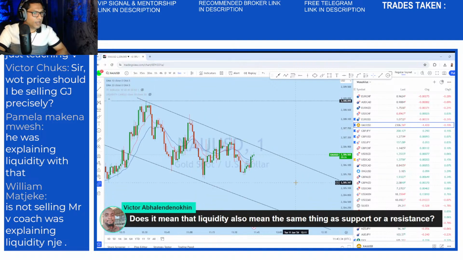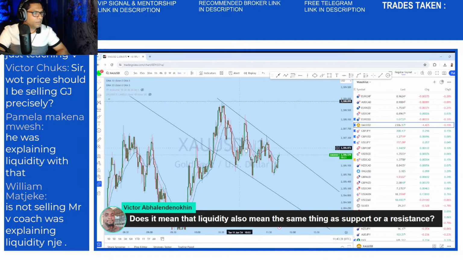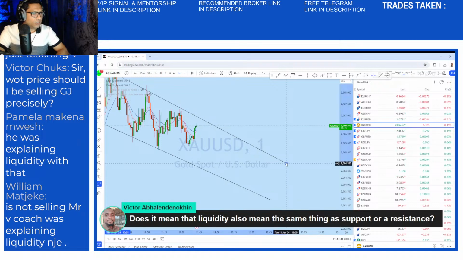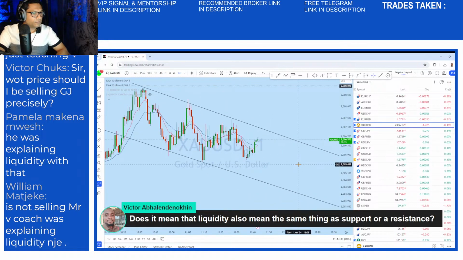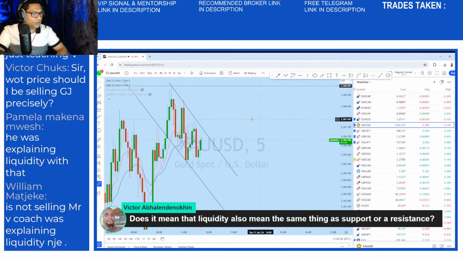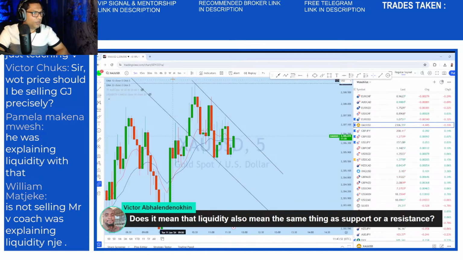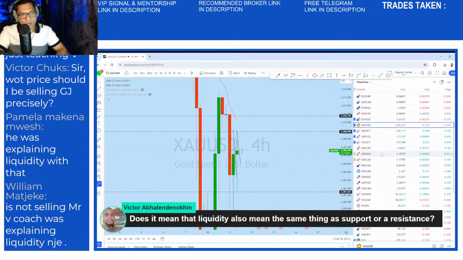So it's a kind of bull flag that we see. With this bull flag, the potential is still to the downside here on gold, the lower time frame, but waiting for a bit more liquidity to come.